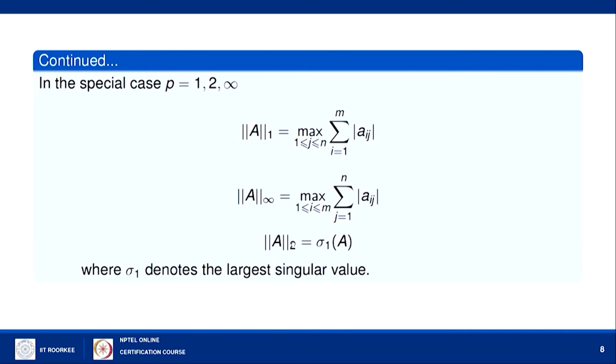Another norm is called the spectral norm, which is given by the largest absolute eigenvalue, or the largest singular value. So, the spectral norm is nothing but the spectral radius of the matrix, because the spectral radius is the largest absolute eigenvalue.